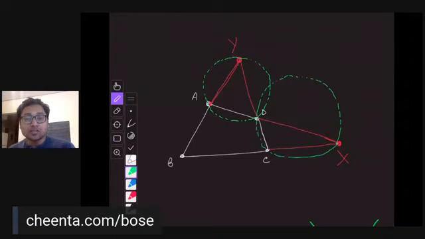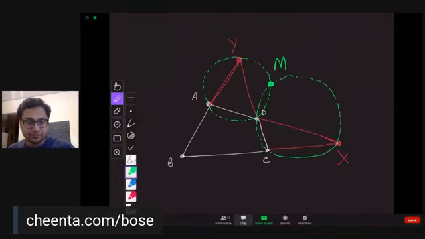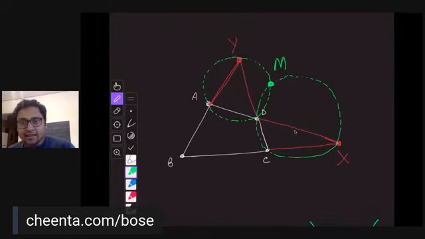So you have drawn two circles and they will intersect at a point. Let's call this point M. So no problem so far. This is fine. What we want to do is show that we can draw more circles in this and they will also pass through the point M.